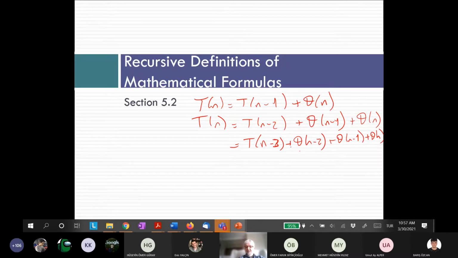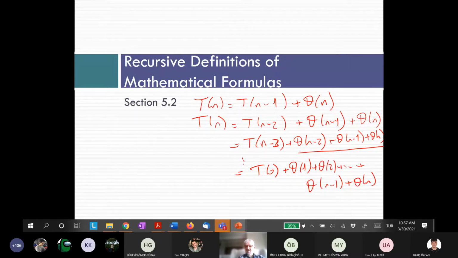But when you add these up, you have to be careful. It continues like that, right? Until T0 plus theta 1 plus theta 2 plus theta n minus 1 plus theta n. And in that case, this is constant time, right? And the total of these is theta n squared.